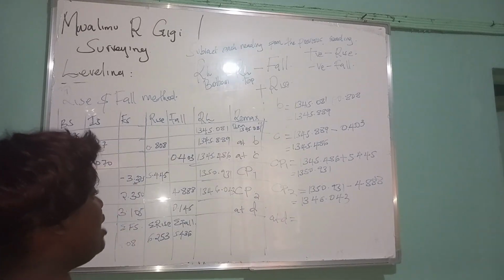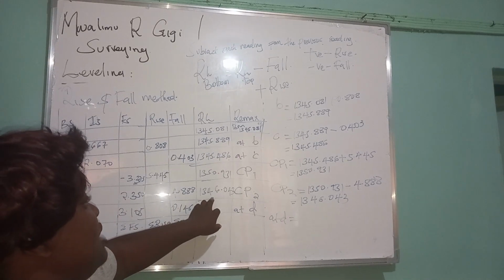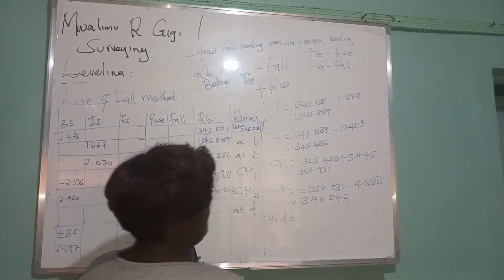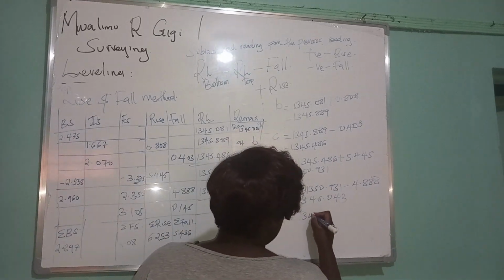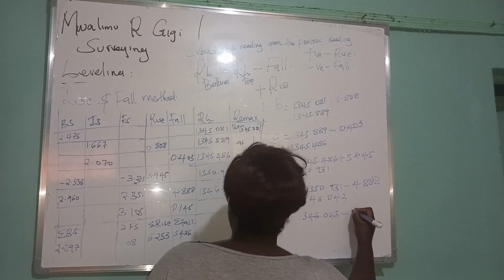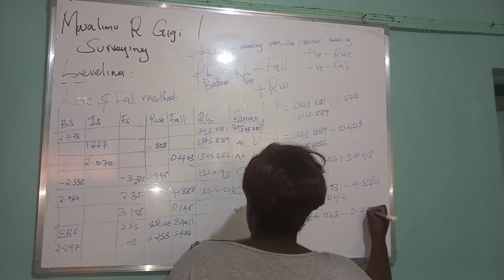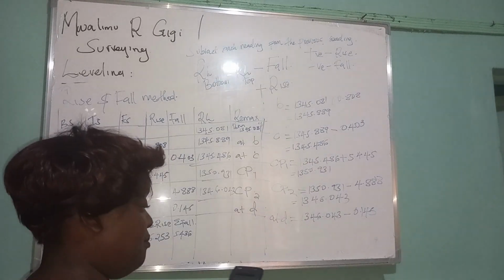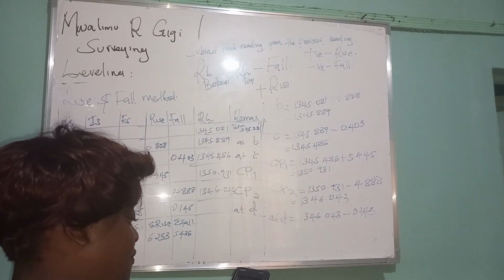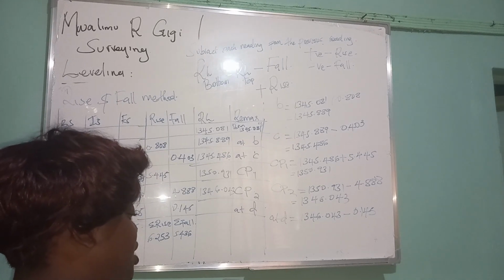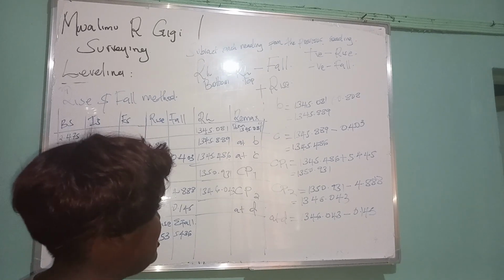So at point D, we have the reduced level at the top and we have a fall. So at point D, we have 1346.043 and we have a fall of 0.145. So minus 0.145, which is 1345.898.